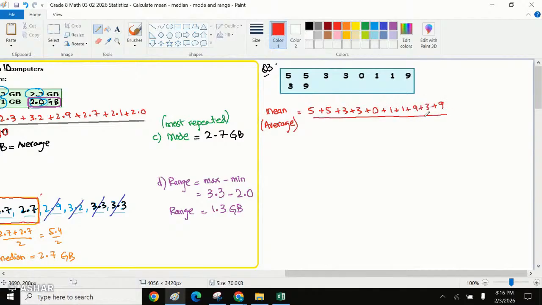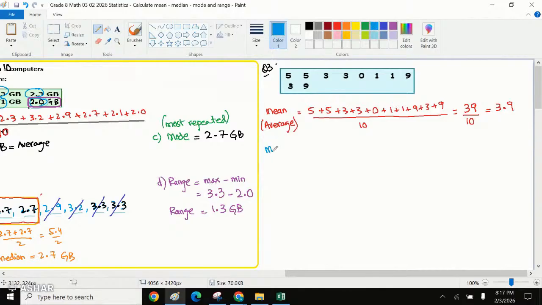And since there were total 10 numbers, we simply divide by 10. 5 plus 5 is 10, 10 plus 3 is 13, 16, 17, 27, 30, and 39. That means the mean comes out to be 3.9, the average score. Okay.